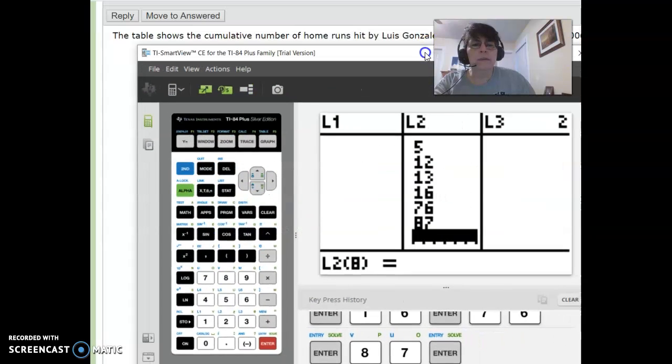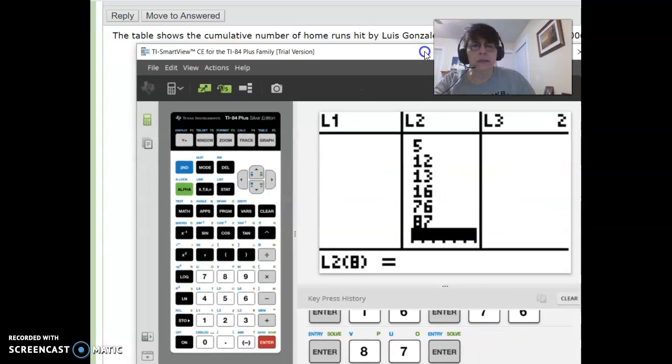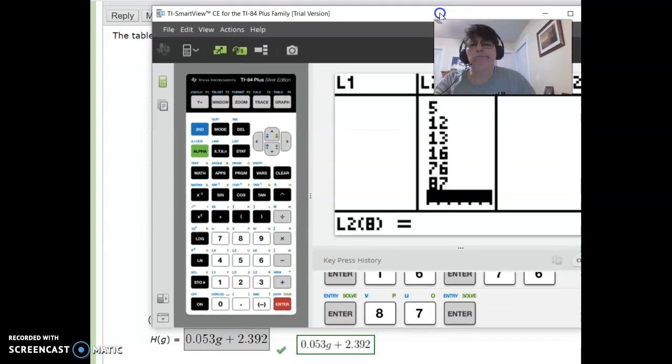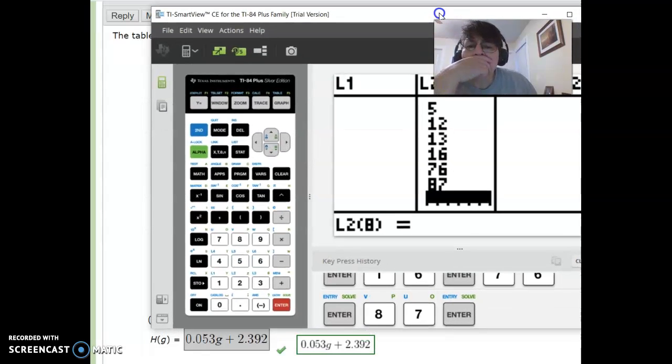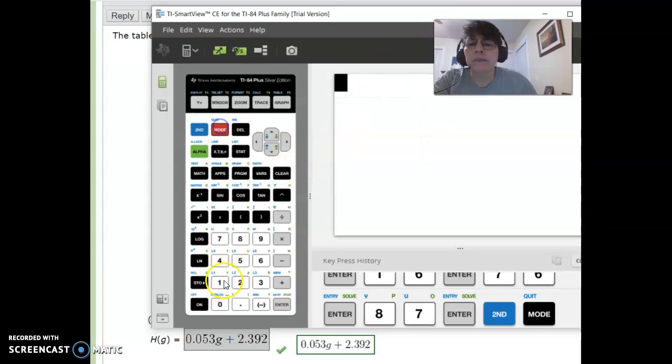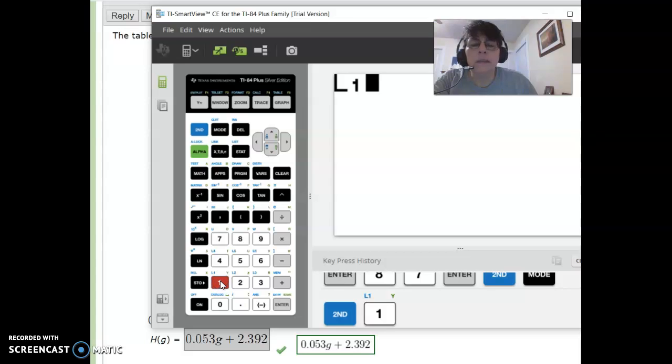Oh, they ended up in L2. I think I can move that. So let me just quit and say store L1. So I'm seeing L4, L1, and that's a blue. So second L1 store, no, I need L2.